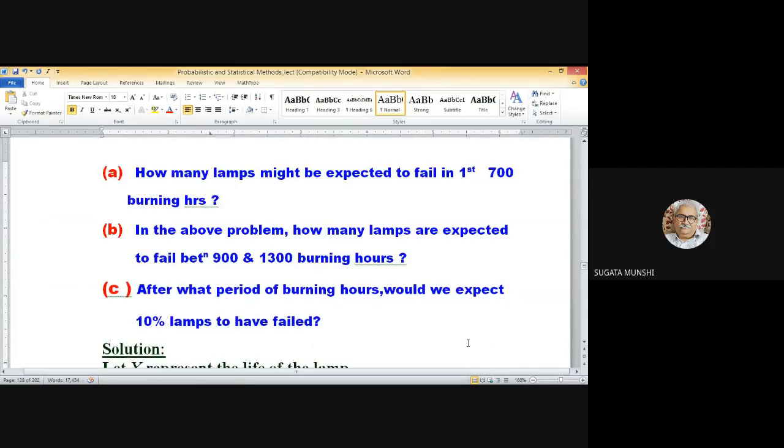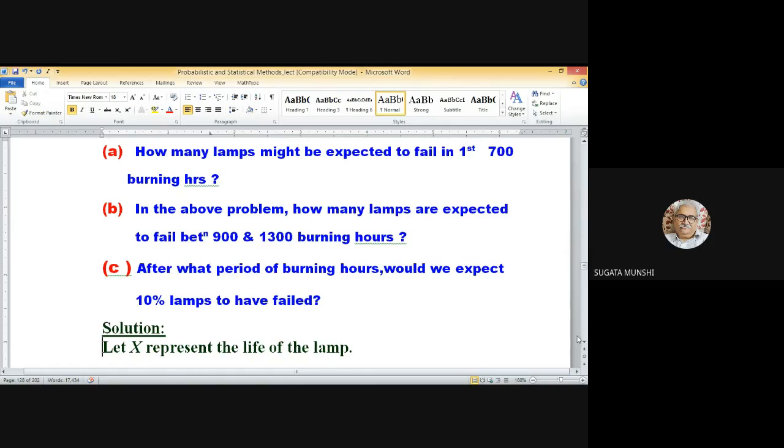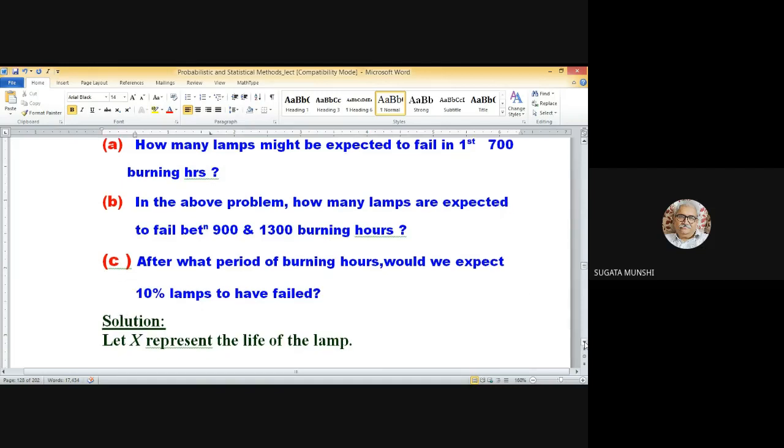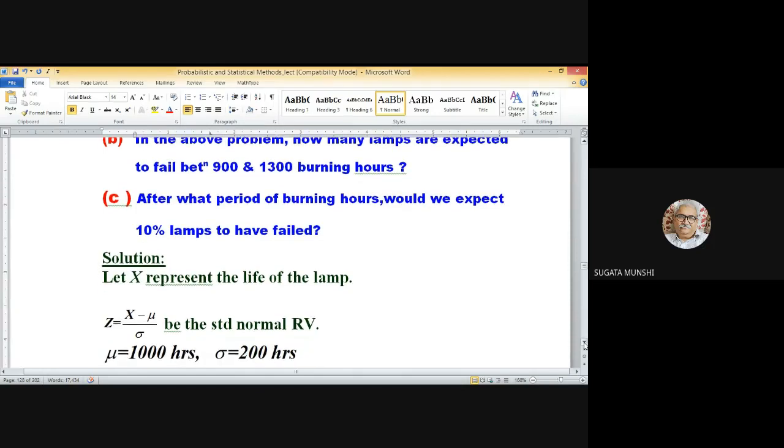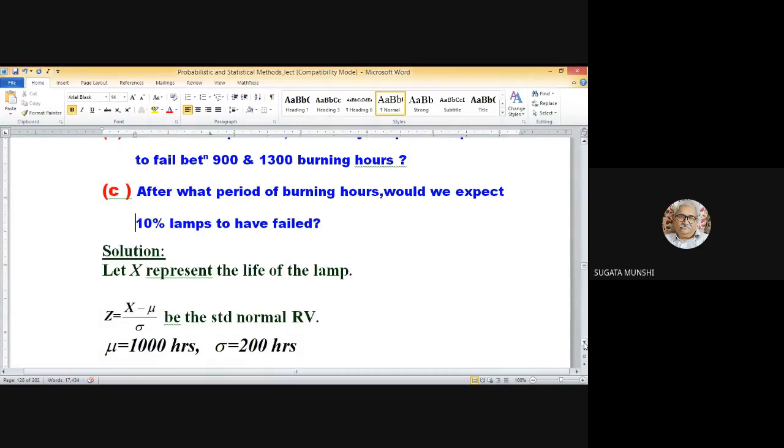So from X, you have to move on to Z, the standard normal Gaussian random variable. Mu is 1000 hours, sigma is 200 hours.